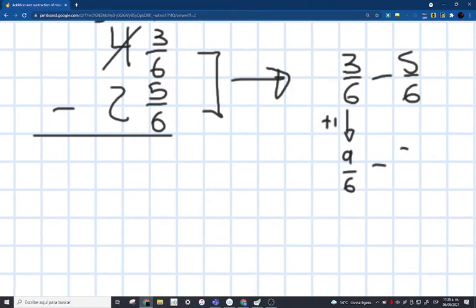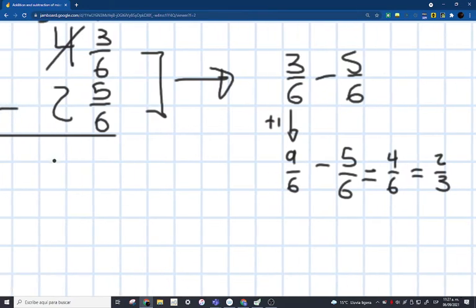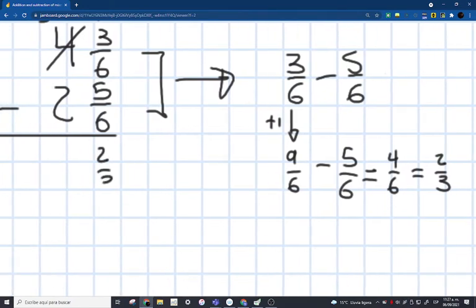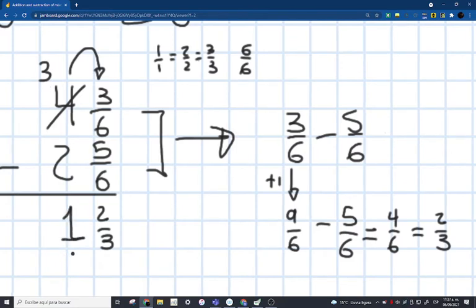And now you can make this subtraction. Look, 9/6 minus 5/6 is 4/6. Can we simplify it? Yes. 4/6 is 2/3. And that is what we are going to write here, 2/3. And now this became 3. 3 minus 2 is 1. And that is how you do it.